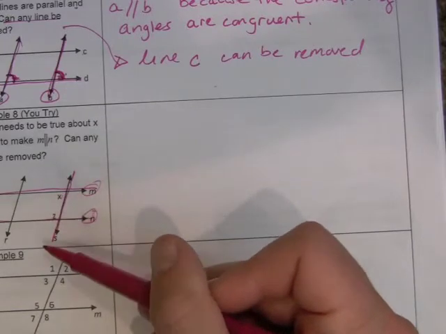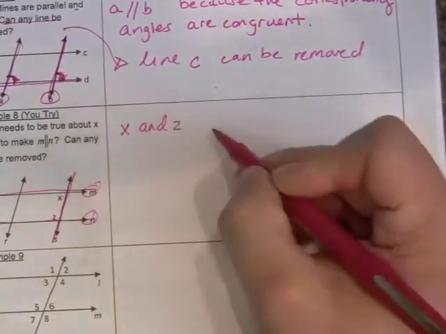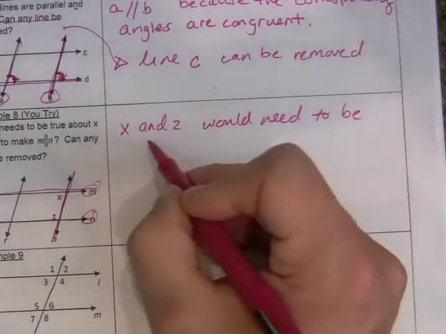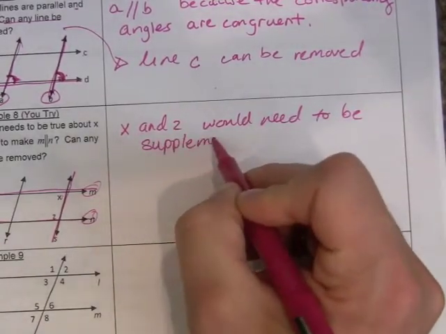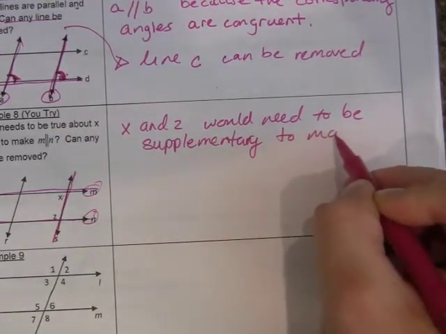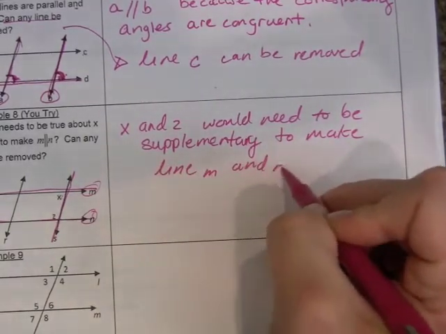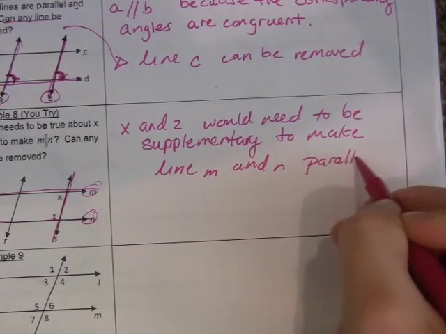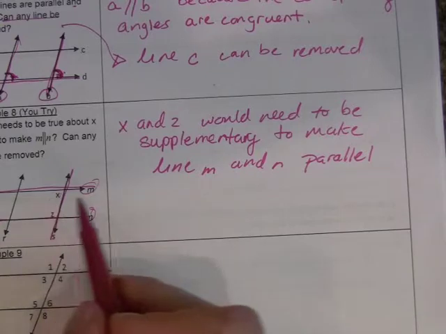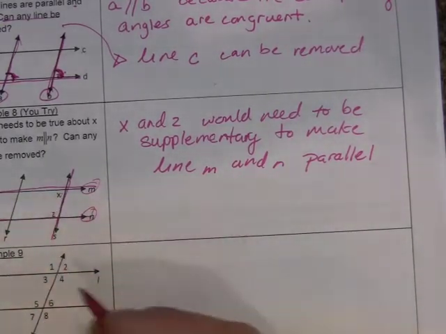So they would have to be supplementary to make lines m and n parallel. And again, which line did we not overdraw on? We didn't touch line r because it could be removed.